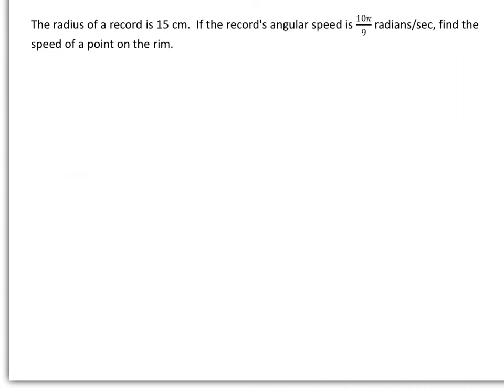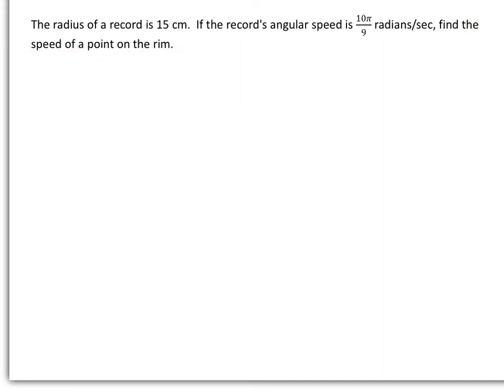Now for a word problem. We have a record. I know you guys probably don't know what a record is. It's what people used to play to listen to music. The radius is 15 centimeters. If the angular speed is 10 pi over 9 radians per second, find the speed of a point on the rim. This right here, find the speed of a point on the rim.